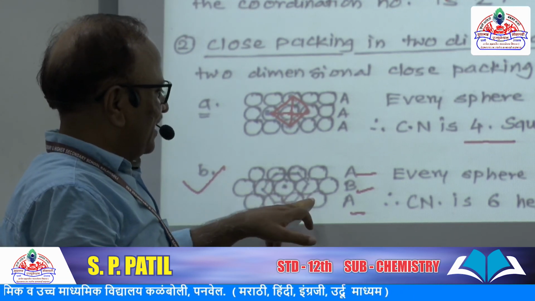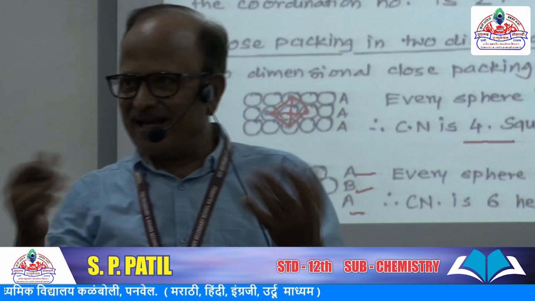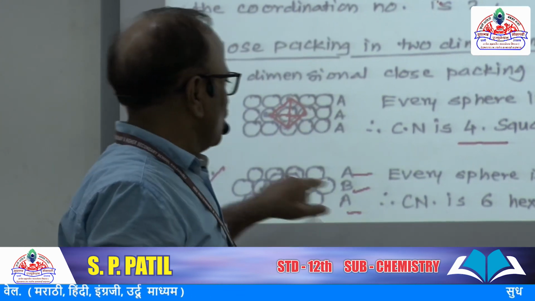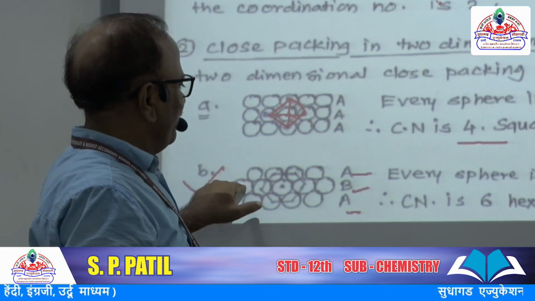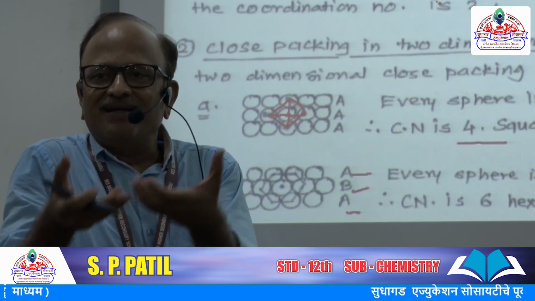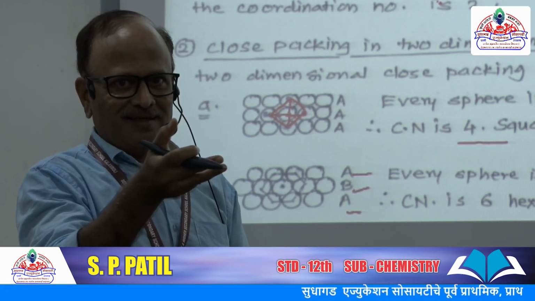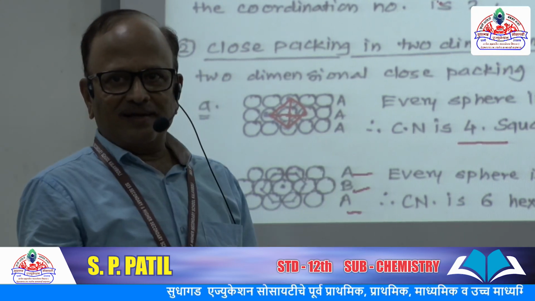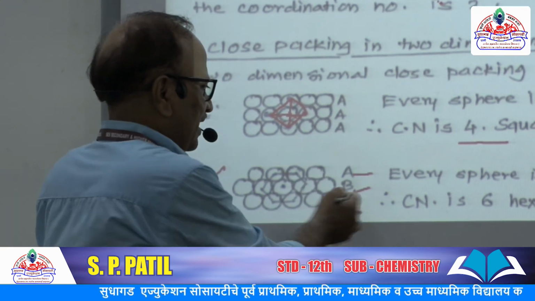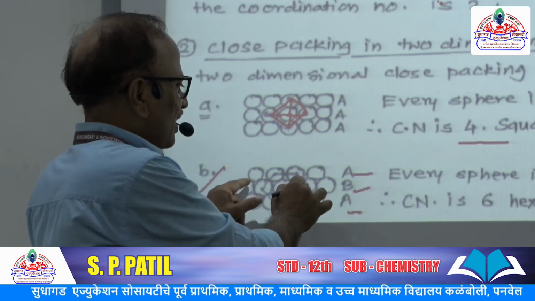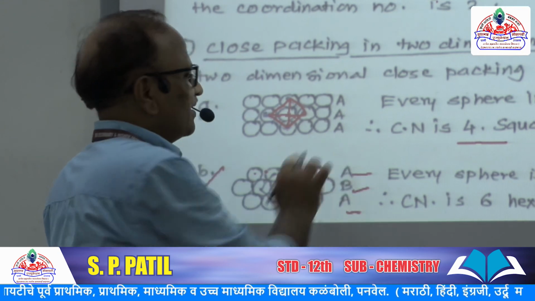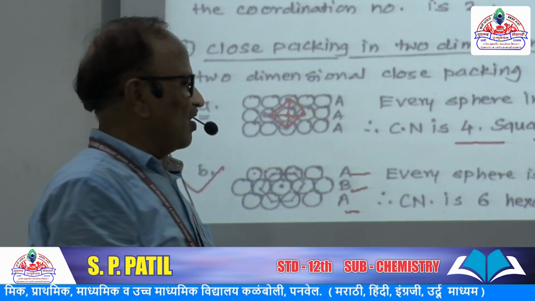So in the depression, that arrangement is not equivalent to A, so it is called B arrangement. So all B layer atoms are present in the depressions of A layers. Again, the third layer is A layer. The orientation of the A layers is the same, but the atoms of the other layer come in the depressions.